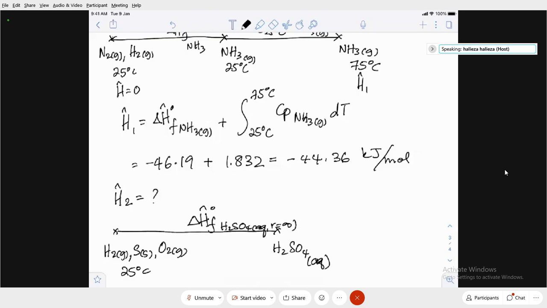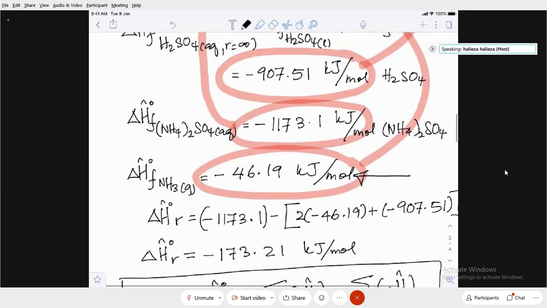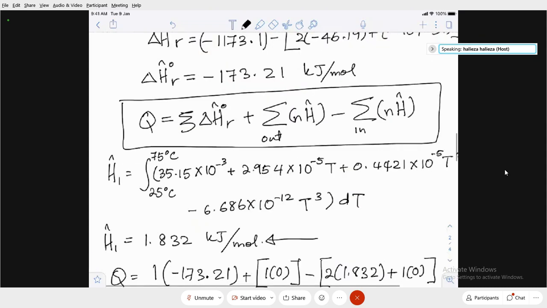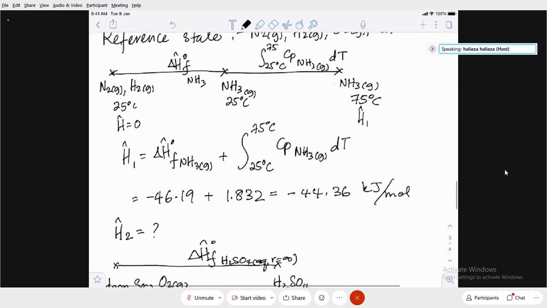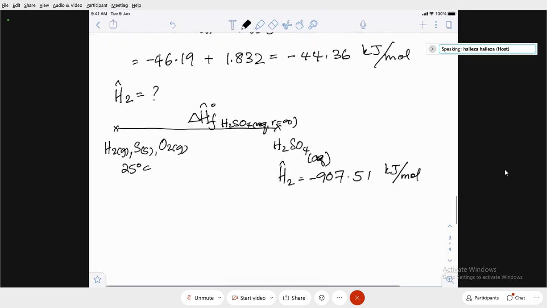You already managed to get that value actually. Where is that value? Over here. That is the value, the heat of formation, minus 907.51. So H2 is minus 907.51 kilojoules per mole. This is actually the same as part A, the heat of reaction method. Next, H3.